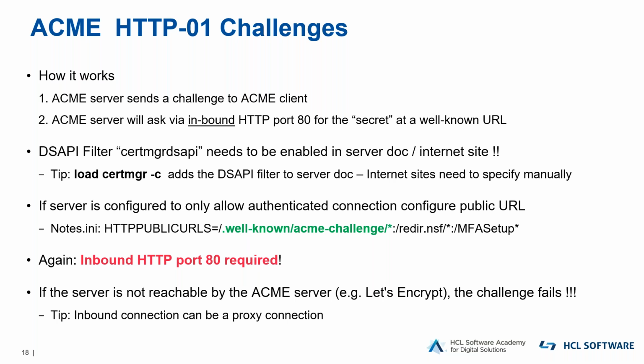So HCL decided not to look into all the internet sites because they could be also for other servers, right? In future, and that's one of the feature requests that I saw, the DSAPI filter functionality will probably be added to the HTTP task, and there's no HTTP change that you need to do to load a DSAPI filter in future, hopefully.